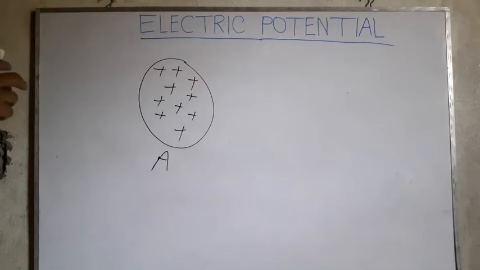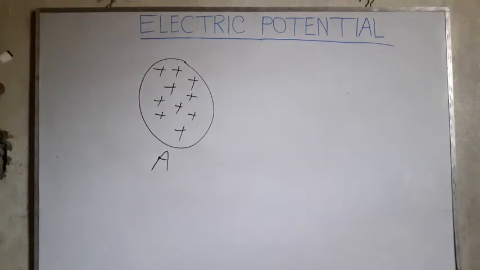If we touch two charged bodies, then in which direction the charge will flow depends on which factor. Will it depend on the amount of charge or any other thing?